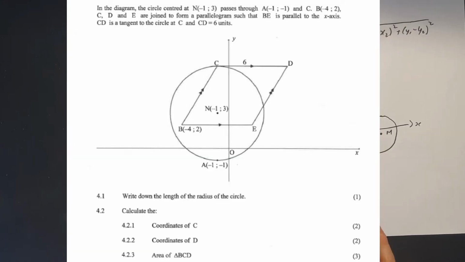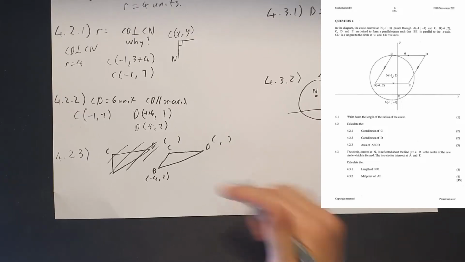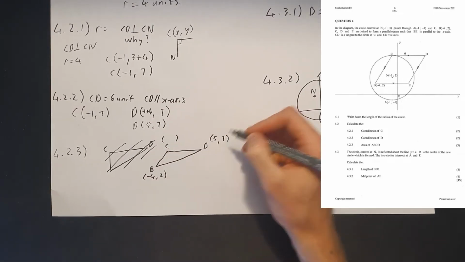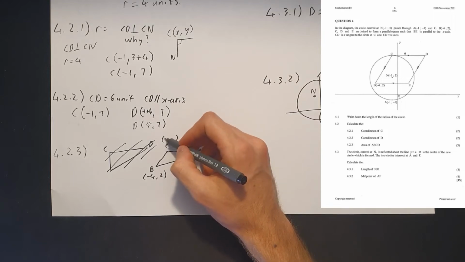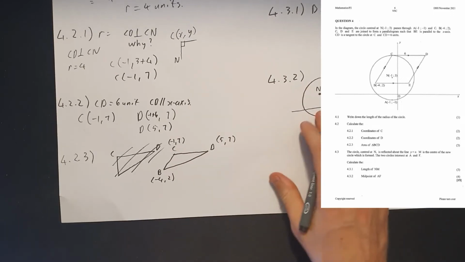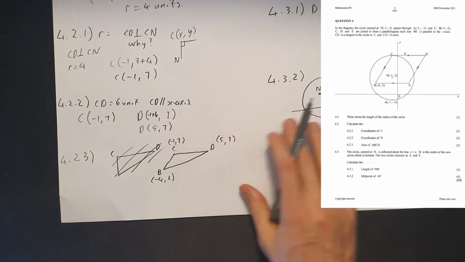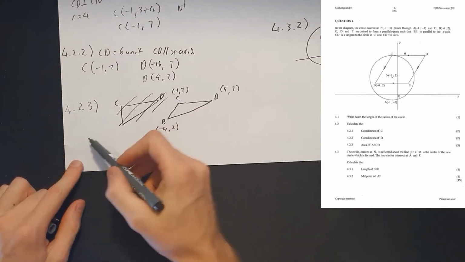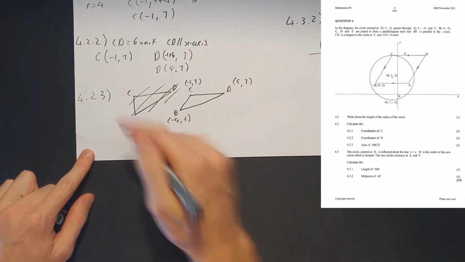Now 4.2.3 says the area of BCD. I've drawn the triangle here. We've got these values over here, that's (5, 7), and this one here is (-1, 7). Now they want the area of the triangle. We know the formula for area of a triangle is given as a half base times height.